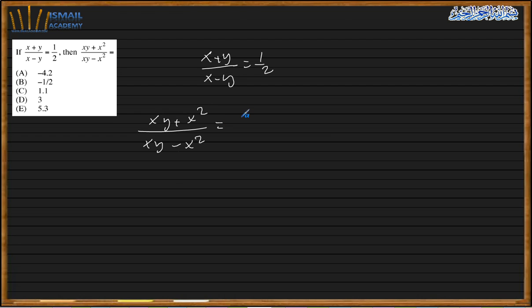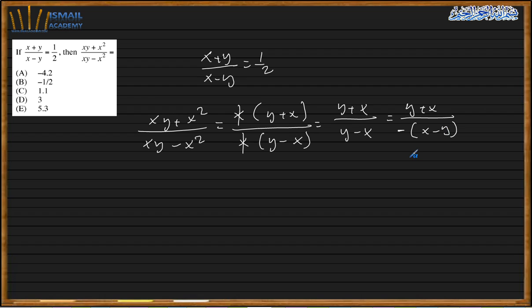So I cancel the x, so it's going to be y over y minus x plus x over... to switch this, so this is going to be y plus x over minus x minus y.